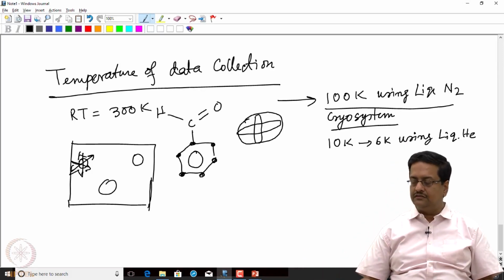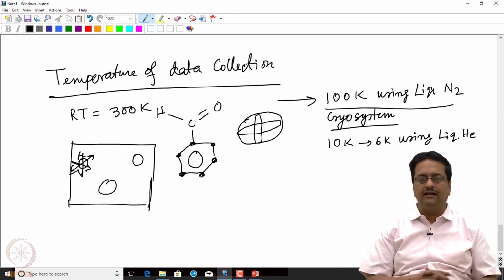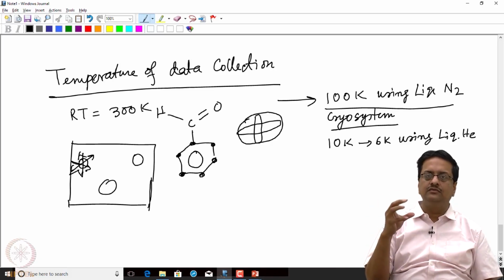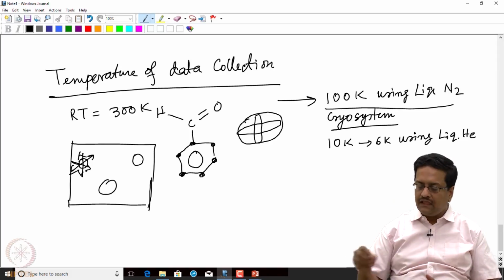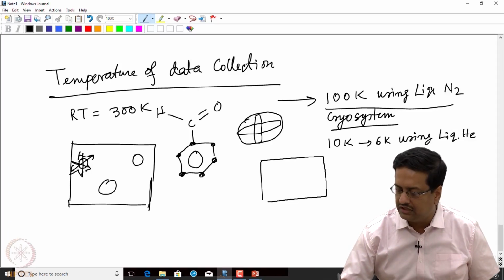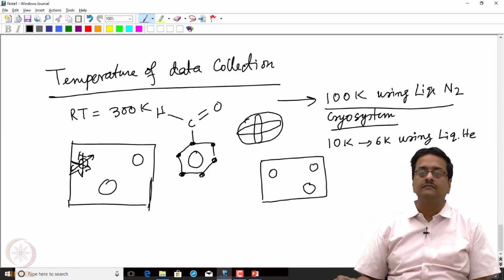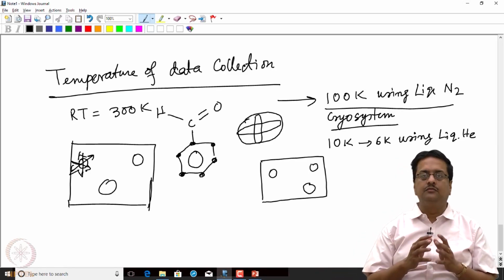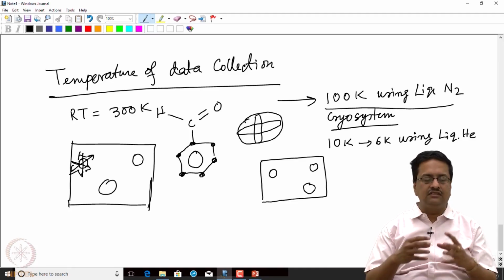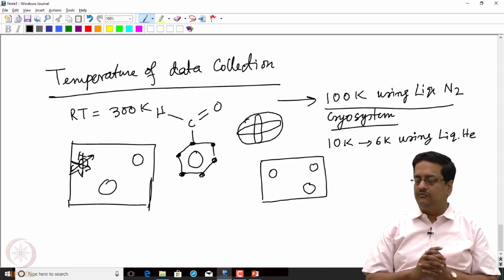So what happens at much lower temperatures, maybe 50 degrees to 100 degrees or maybe 170 degrees lower than room temperature, is that this thermal vibration is reduced. As a result, the atoms corresponding to one particular plane have a more spherical nature, and the electrons are confined more close to the nuclei, because the nucleus is not vibrating so much, the electron density is confined in one plane.